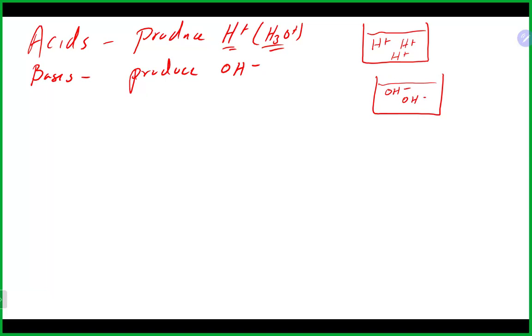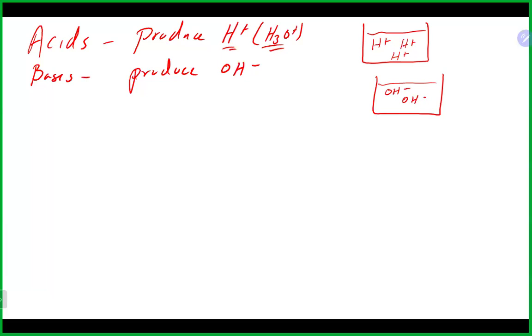And as we talked about, that ratio of how much H plus you have to OH minus, or vice versa, will determine whether the solution is going to be acidic, basic, or neutral. That's how much of those free ions are floating around in that solution, not attached to anything.